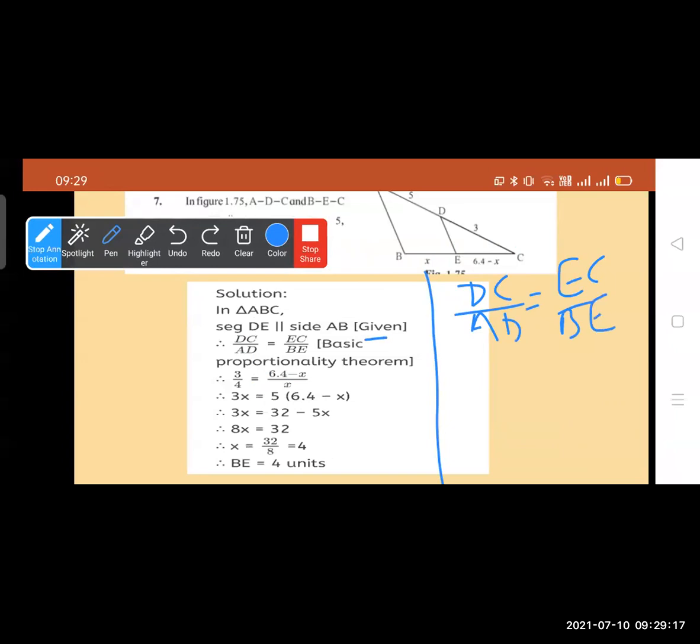Now substitute all these values. DC is 3, AD is 5, EC is 6.4 minus X, and BE is X. Then we cross multiply. So in triangle ABC, DE is parallel to AB, by BPT DC by AD is equal to EC by BE.